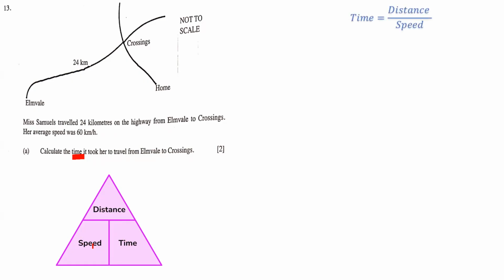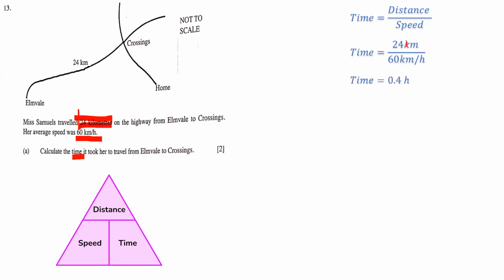And so here we have the formula. Time is equal to distance divided by speed. What is the distance? The distance is 24 kilometers. That's what it says in the question. What is the speed? 60 kilometers per hour. So we put in 24 kilometers divided by 60 kilometers per hour.